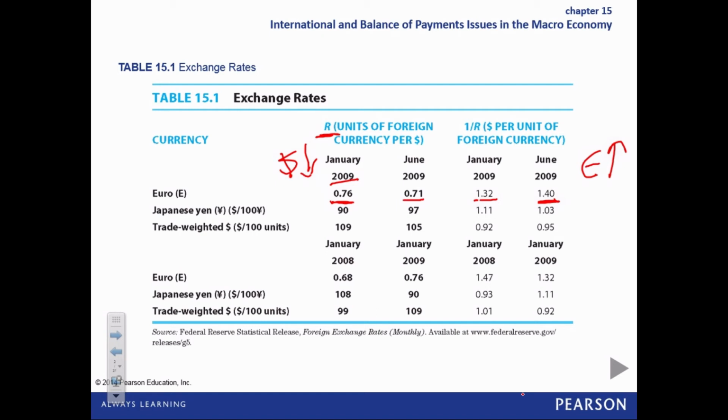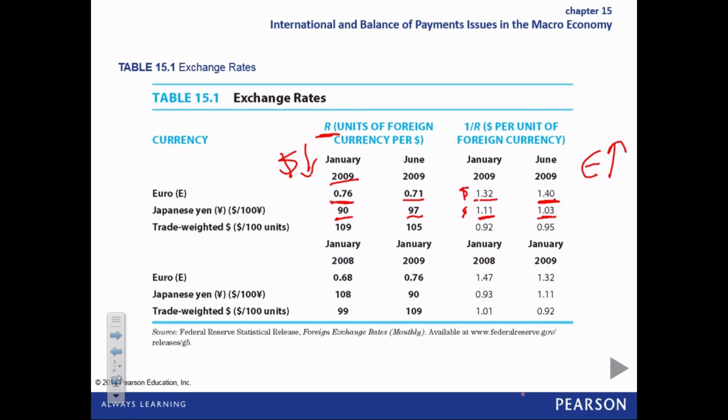But with the Japanese yen during the same period, $1 was equal to 90 yen, and $1 went to 97 yen. So dollar got stronger in terms of Japanese yen, and Japanese yen is getting weaker. This is 100 Japanese yen equal to the dollar, right? So everything here is in dollar amount.